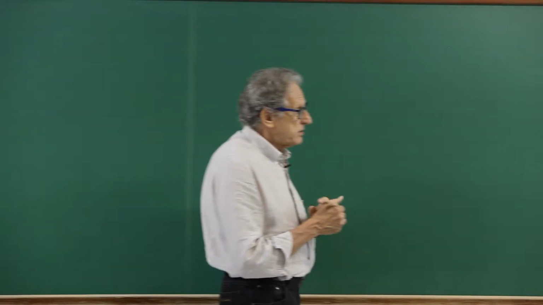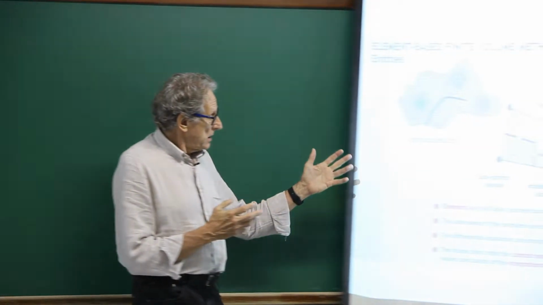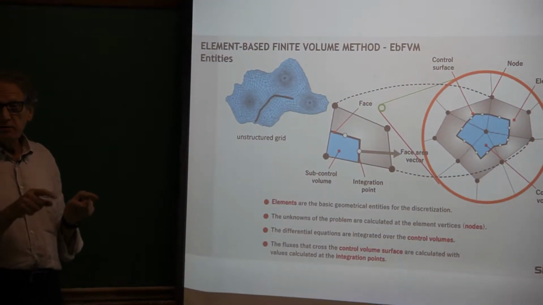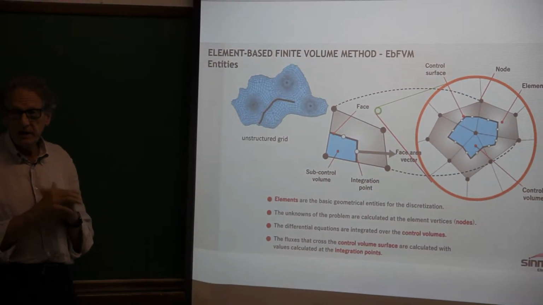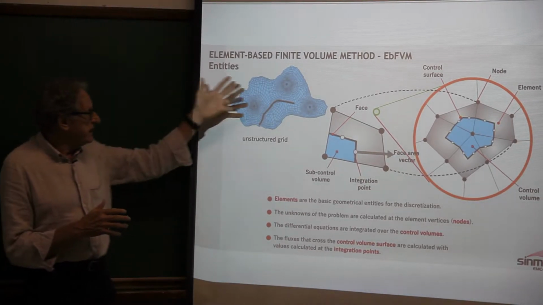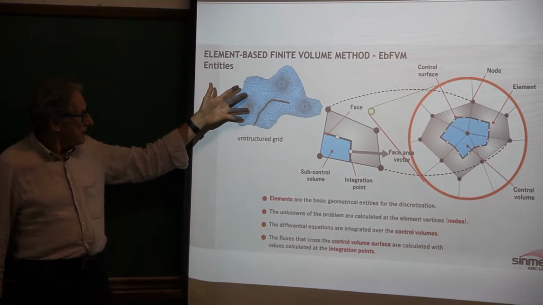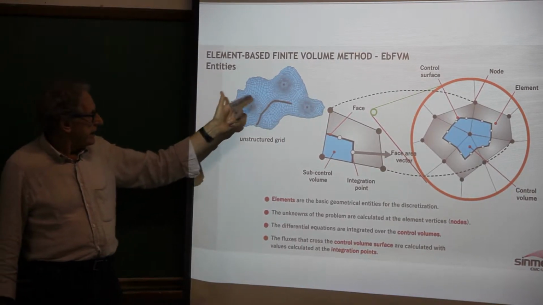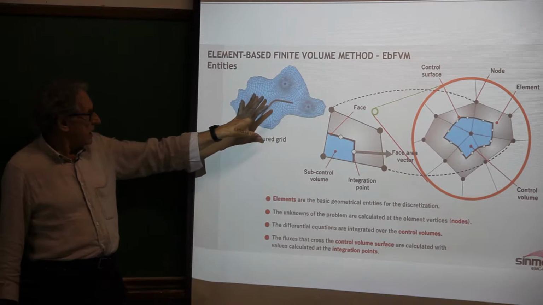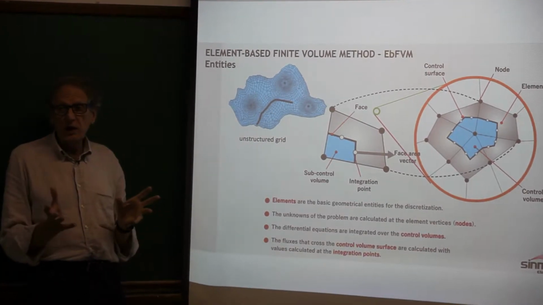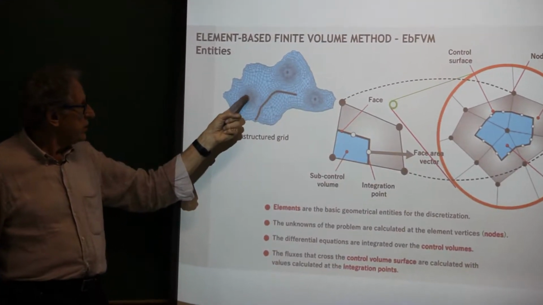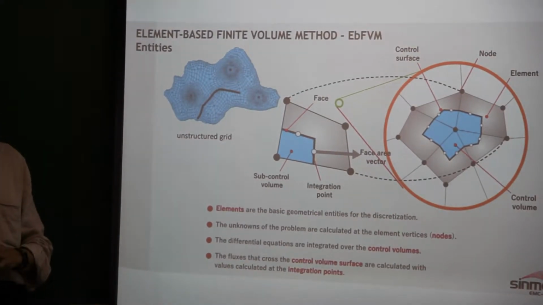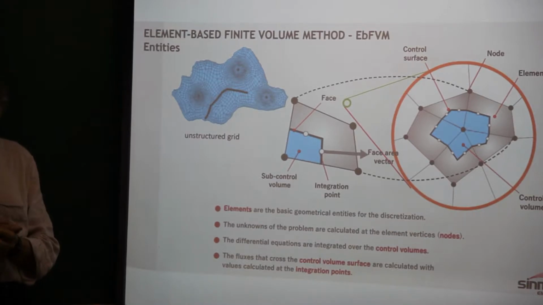And this is a general picture to recognize the entities involved in an element-based finite volume method. You have the grid. This is just a grid laid down on a petroleum reservoir. You have 3 wells and a geological fault here, some kind of barrier to the flow.